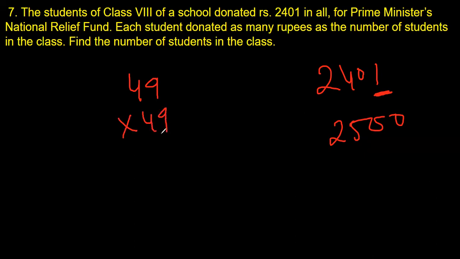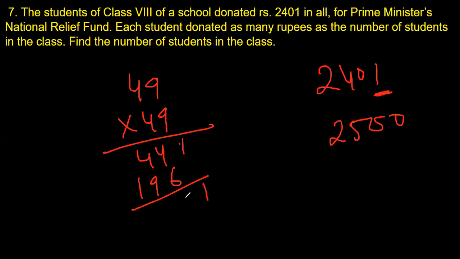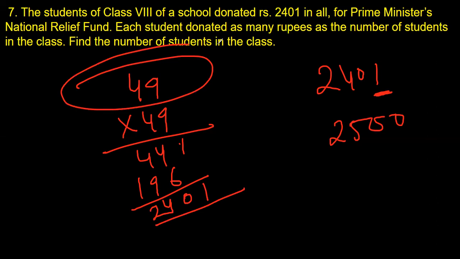Let's check. 49 into 49: 9 times 9 is 81, 9 times 4 is 36, 36 and 8 is 44, and 4 times 4 is 16, 16 and 4 is 20. So we get 2401. You got your answer. There are 49 students.